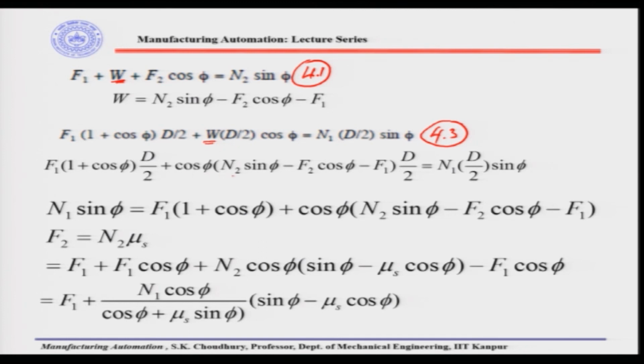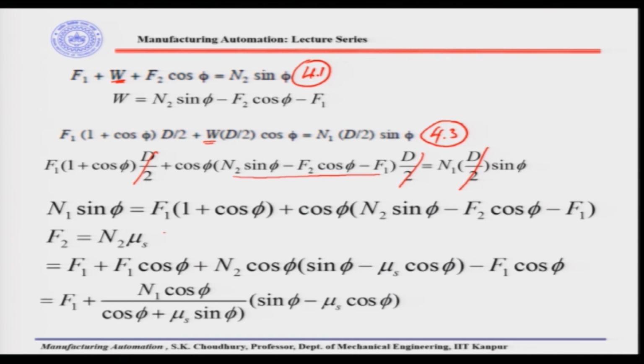Exactly this value we are putting in place of W. The remaining will be cos phi here and the d by 2 here, and the remaining is the same. If we solve this equation, it will be in this form, N1 sin phi we are taking from here, d by 2 we are cancelling in all of this. So, N1 sin phi is equal to F1 and this remaining.